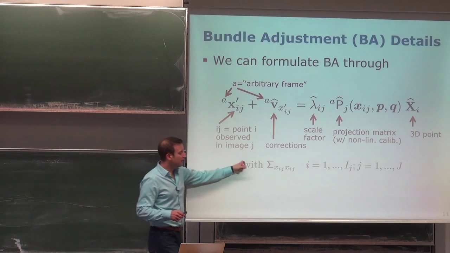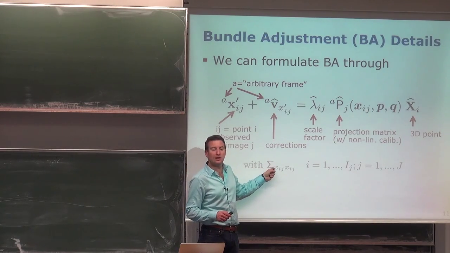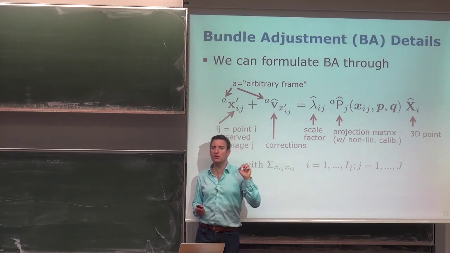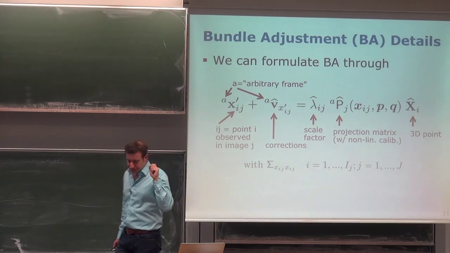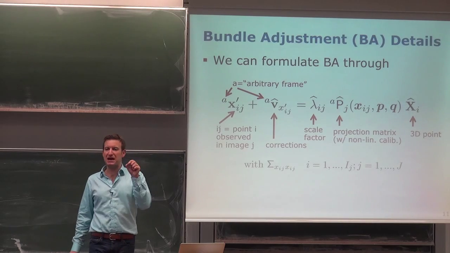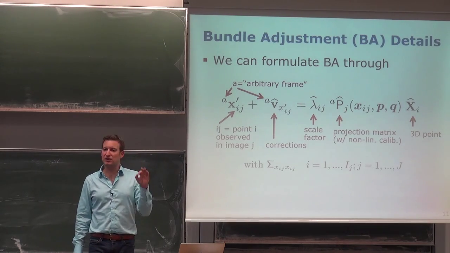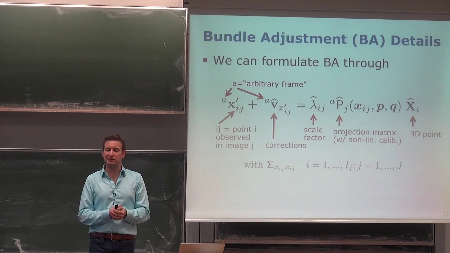And then I have the uncertainty of the measured image coordinates in my image. So I assume to know the noise involved in measuring a point. I can, for example, estimate the location of a corresponding point up to whatever, half a pixel or something like this.